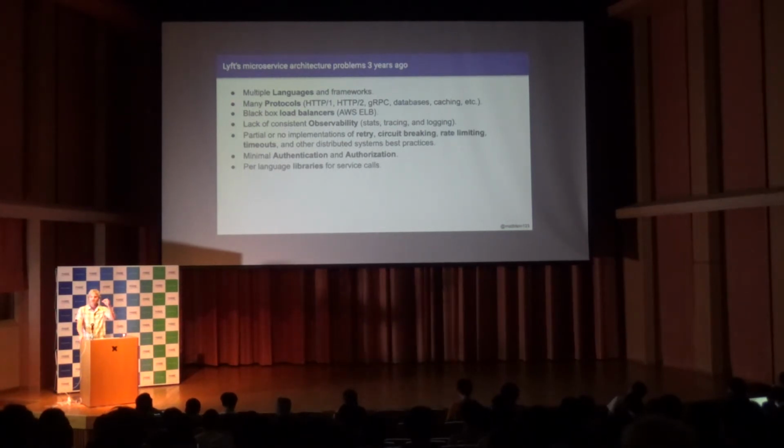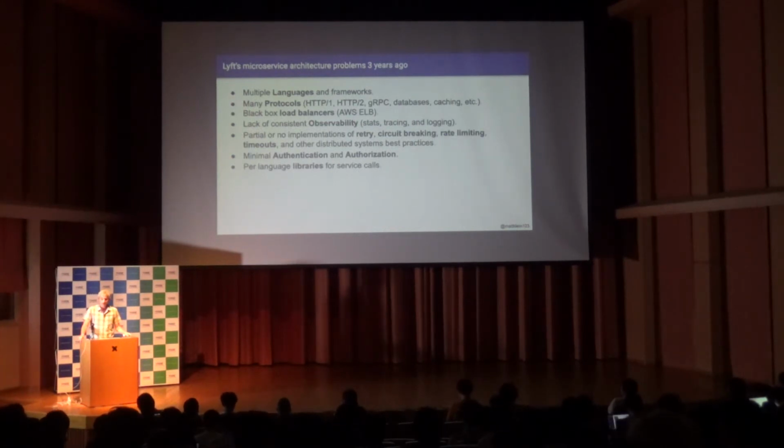But you'll see this theme here, which is that those libraries are only in Java. So what do you do if you have Python? What do you do if you have Go? You're basically out of luck. So you're left with this option, which is either I have to re-implement this library in every different language that I'm using, which is very resource intensive, though some companies have done it, or we need to look for a different solution.